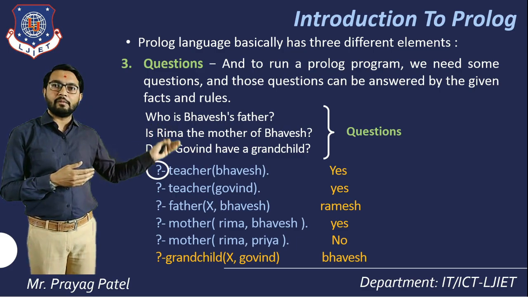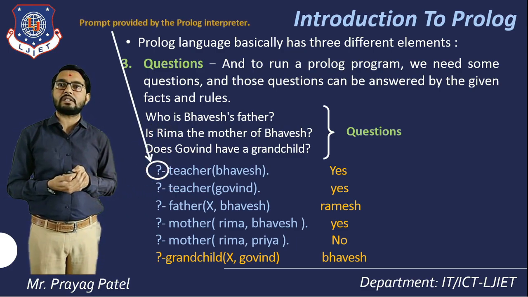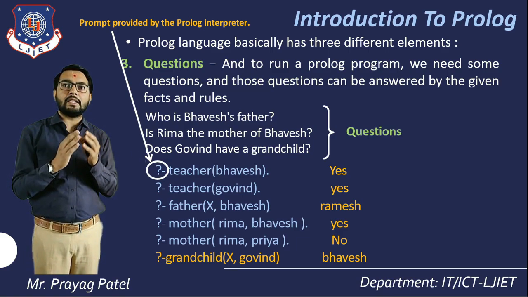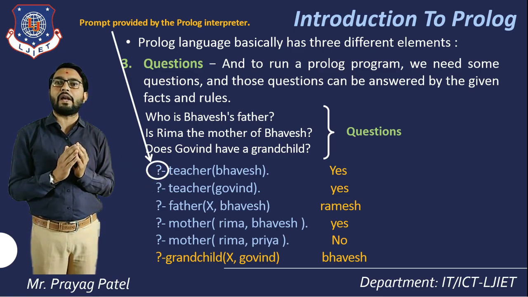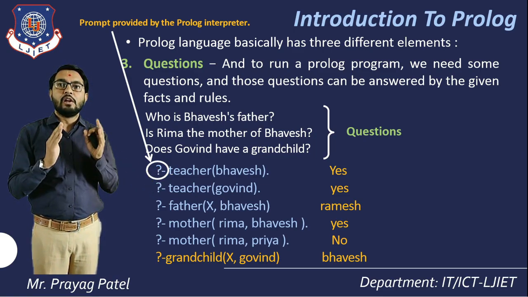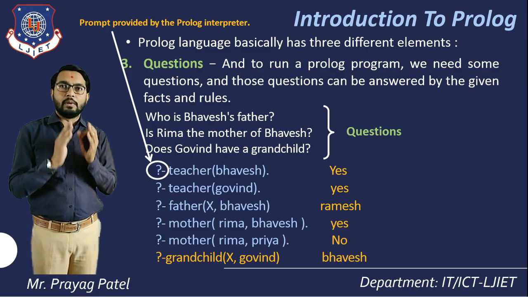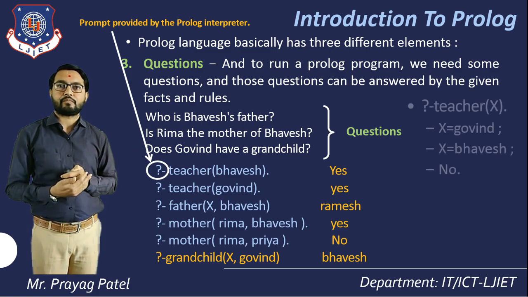Now initially we consider the question mark and dash. Then what is the meaning of this? Why we use this? These prompts are provided by the Prolog interpreter. So this prompt is already provided by the Prolog interpreter. No need to write question mark and dash, because by default the Prolog interpreter provides the prompt like this.